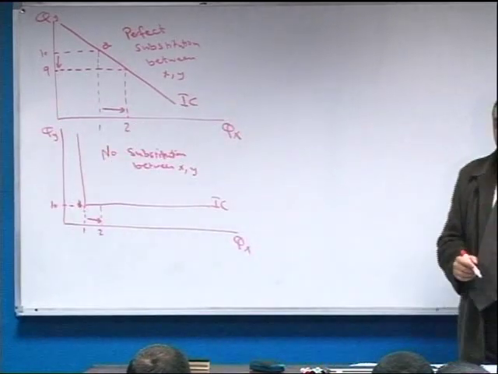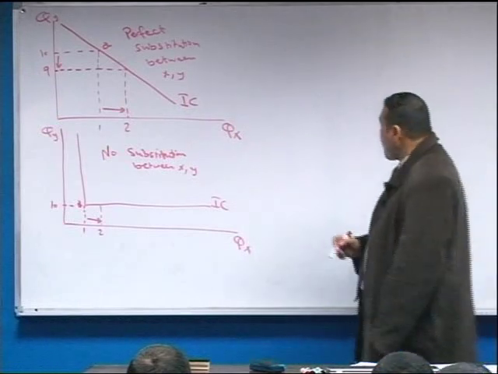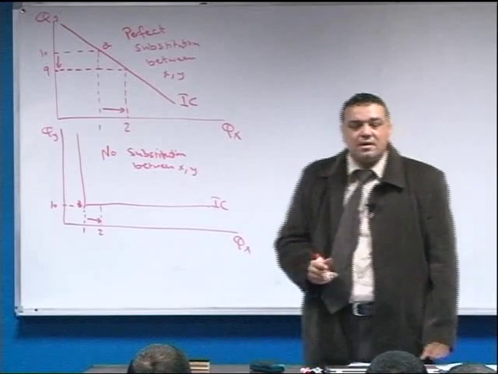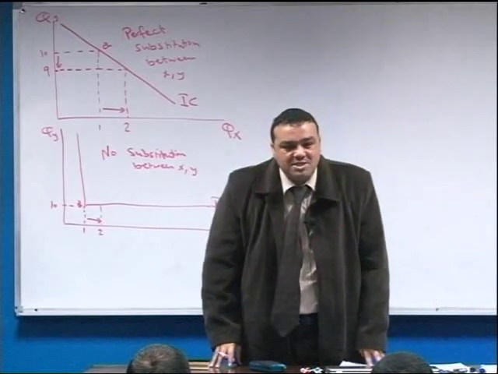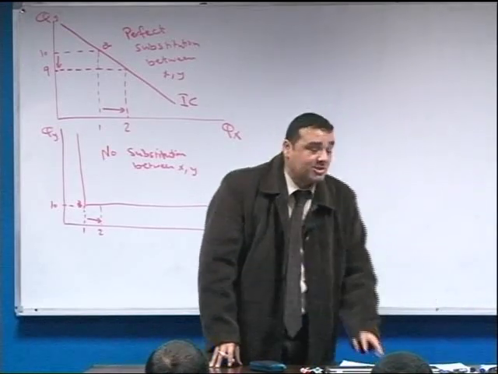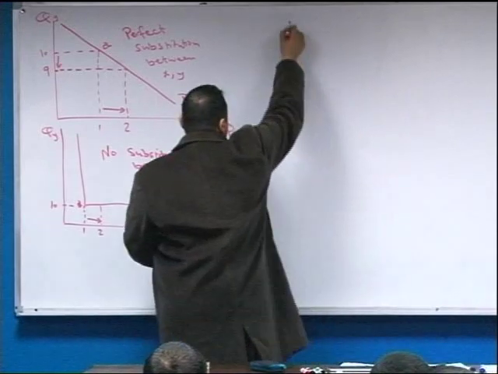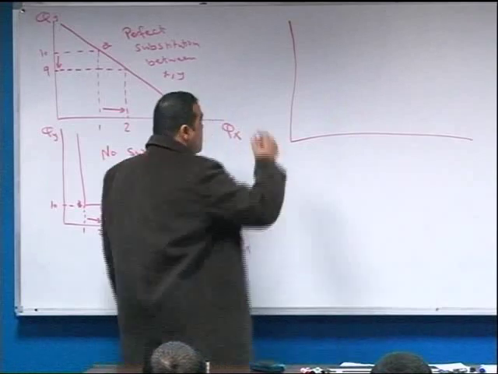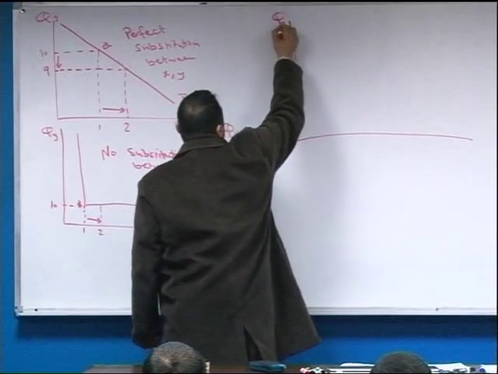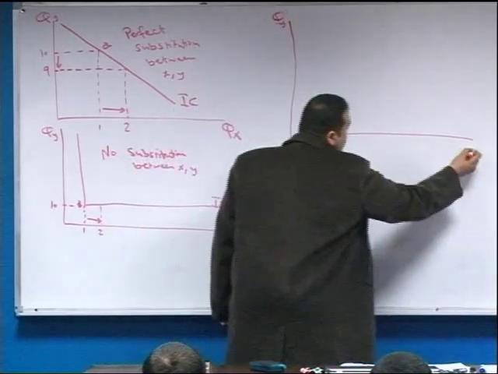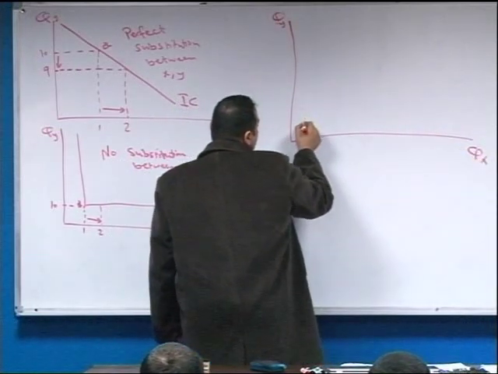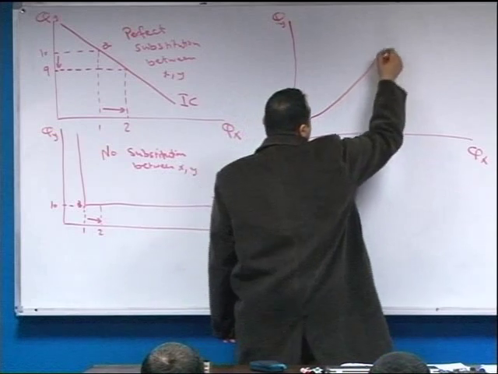Let us suppose that the indifference curve has an upward slope. Is it possible? QY, QX. Suppose that we have this indifference curve.